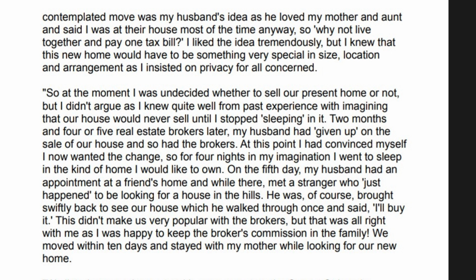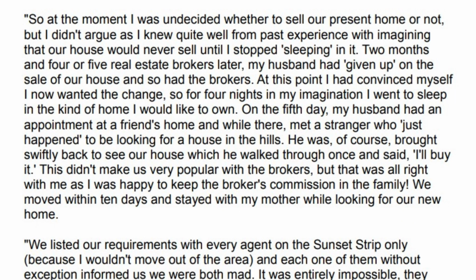So the side note on this is everything starts with a clear desire. Define your aim, and that's what emerges in this first paragraph: the couple decided to place their home on the market, and they had in mind that they would combine their home together with the wife's mother and aunt.